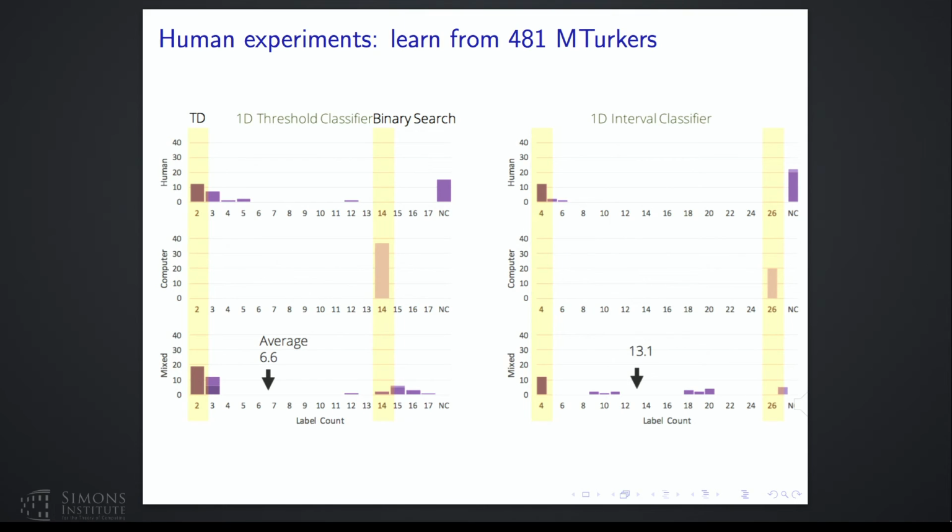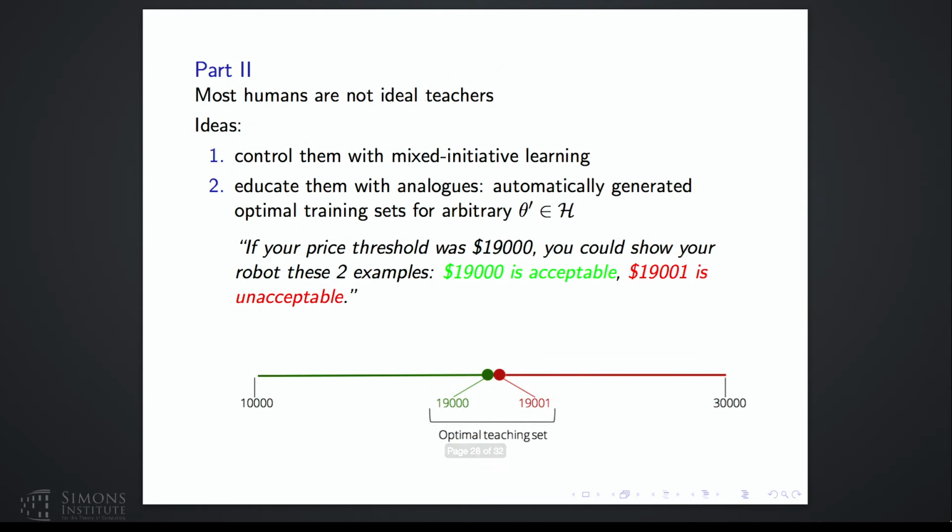So you get a small tail here, but this is much better than this no count, which means infinity. Similar things are happening for the 1D interval case.